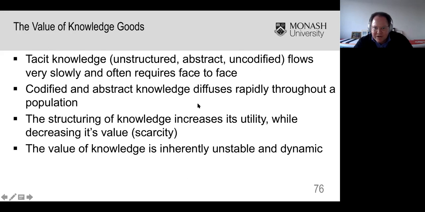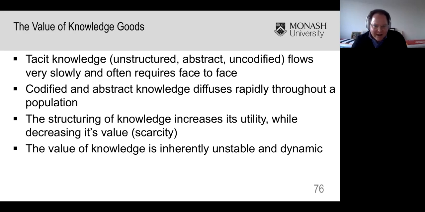Codified and abstract knowledge diffuses rapidly throughout the population, particularly if it's of interest. If you write down the recipe for a magic sauce, and everybody wants to try it, it shares normally quite rapidly.